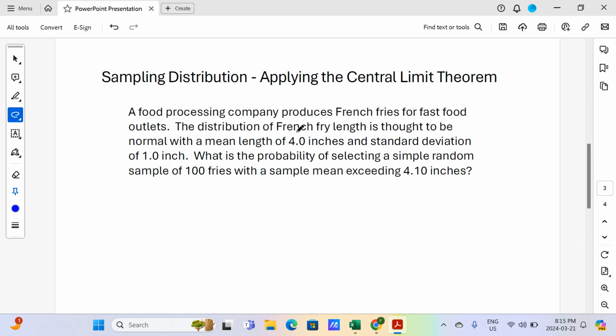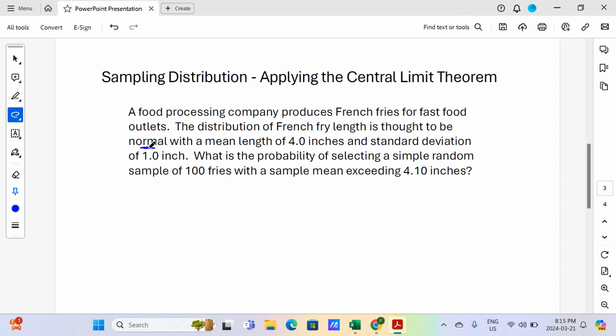The distribution of French fry length is thought to be normal. Look at here, the question clearly says we have a normal population. Because the population is normal, even for small samples, the sampling distribution of X bar would be a normal distribution.